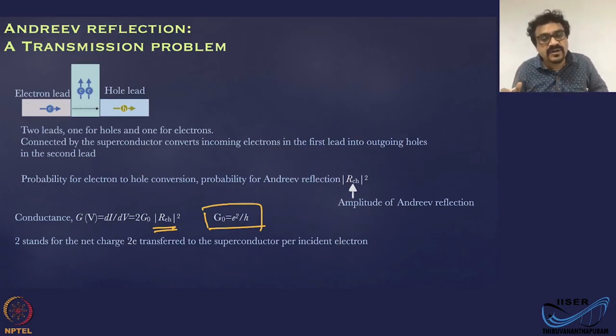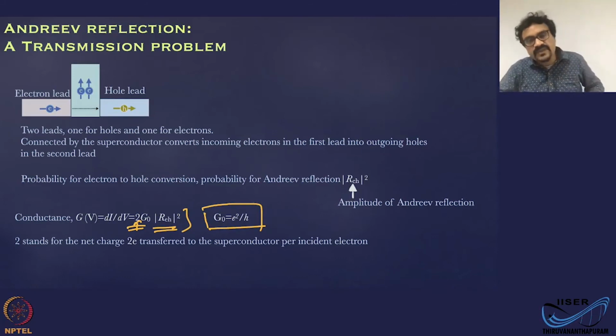So if the probability for anti-reflection is 1, then 2 electrons have gone into the superconductor, and this factor 2 stands for that. Though you are pushing 1 electron from the metal side, 2 electrons are actually going to the superconductor. G0 stands for the quantum limit of conduction, and REH square stands for the probability of that process to happen. Okay.